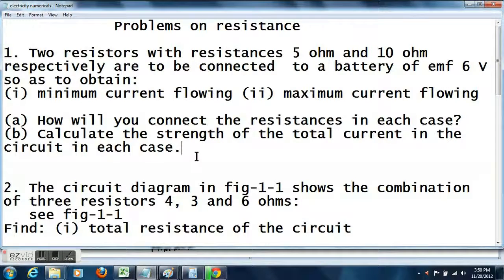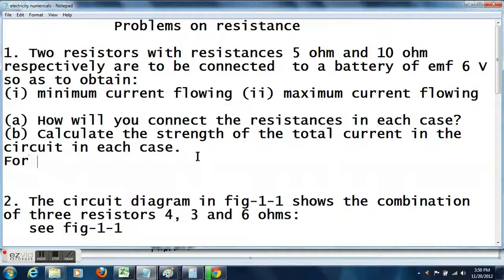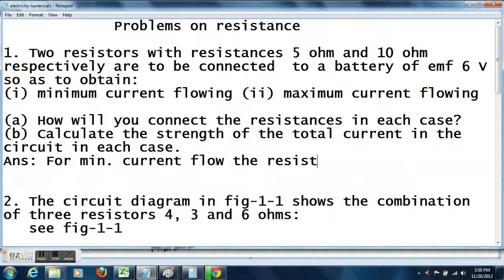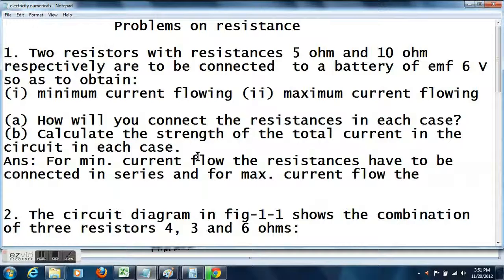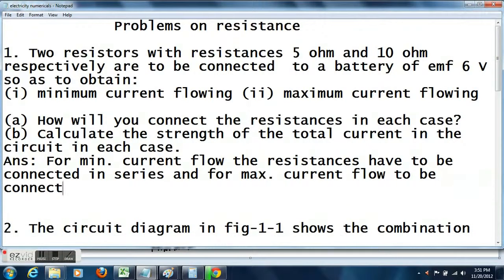Okay, so let us write the answer here. For minimum current flow, the resistances have to be connected in series. And for maximum current flow, they are to be connected in parallel.